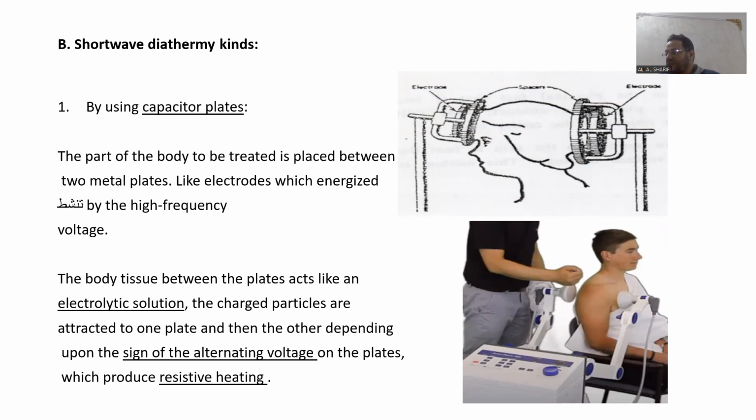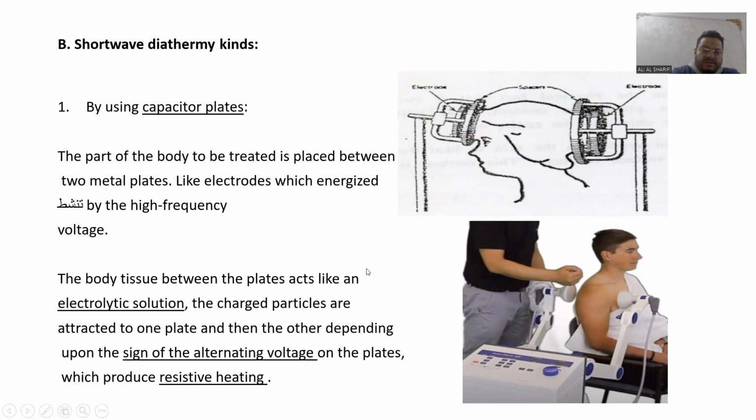Because of the resistance of this part. It tries to stop the current flow in its body, so its temperature will increase. The same thing happens with a bad conductor as with the tissue you want to treat.